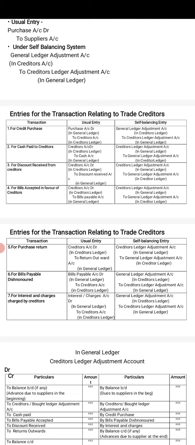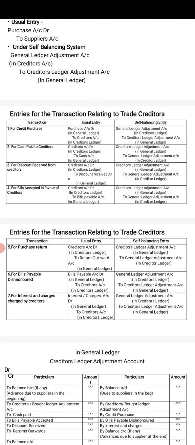Fourth entry, for bills accepted in favor of creditors. Whenever the company makes payment to the suppliers in the form of an instrument, that time the entry will be creditors account debtor to bills payable account. In self-balancing, creditors ledger adjustment account debtor to general ledger adjustment account.